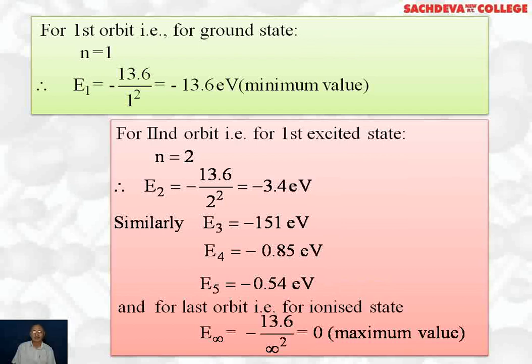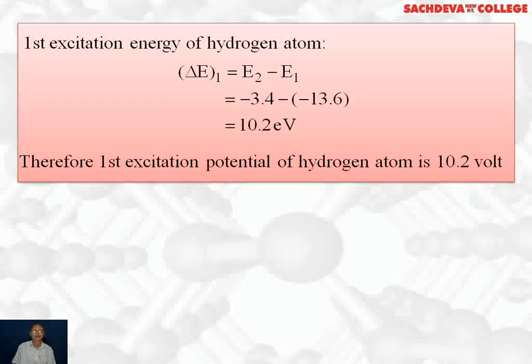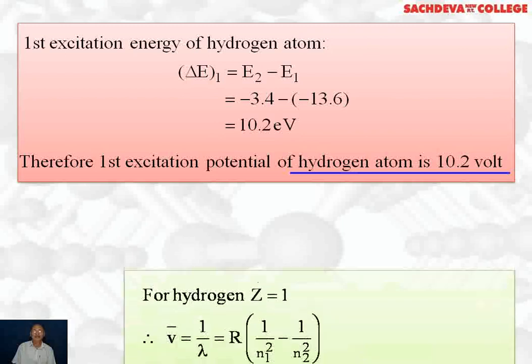For the last orbit, that is the ionized state, E infinity will be equal to minus 13.6 over infinity square, which is 0, the maximum value. First excitation energy of hydrogen atom will be E2 minus E1, that is minus 3.4 minus minus 13.6, that is 10.2 electron volt. So this is the first excitation potential for hydrogen atom, 10.2 electron volt.